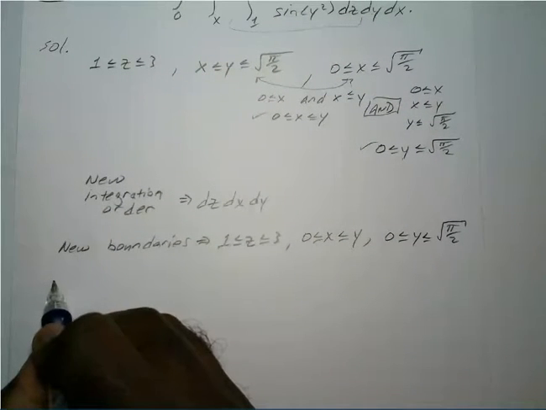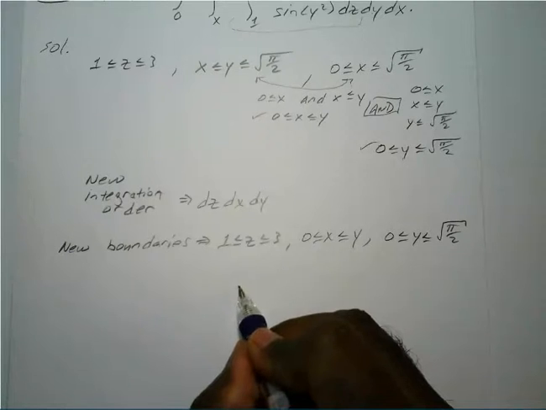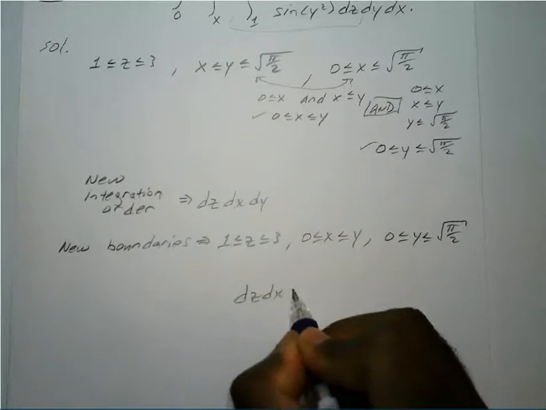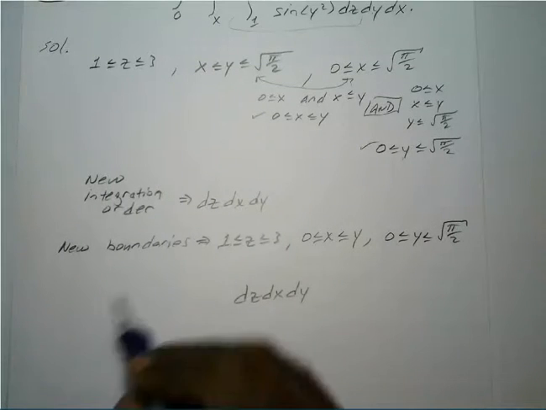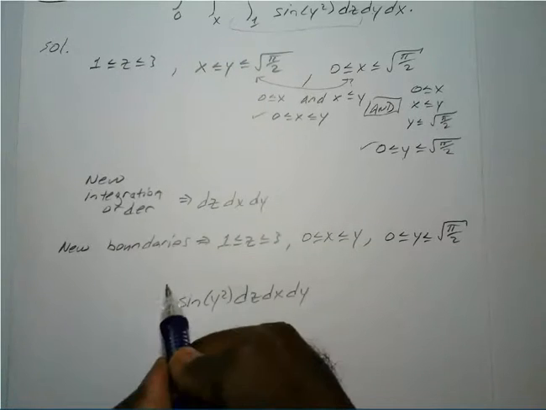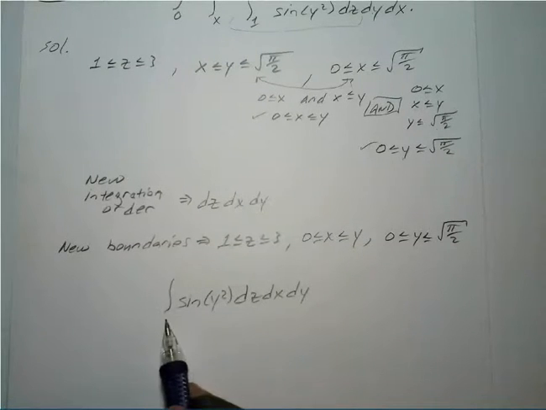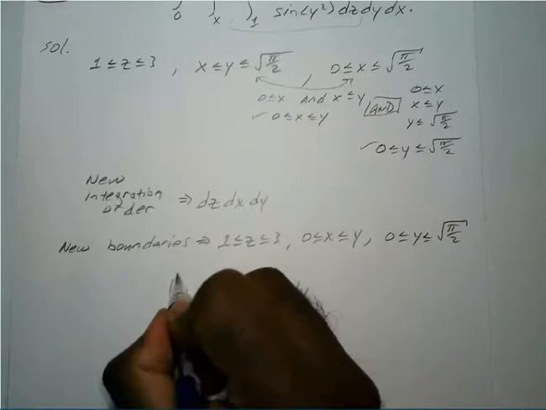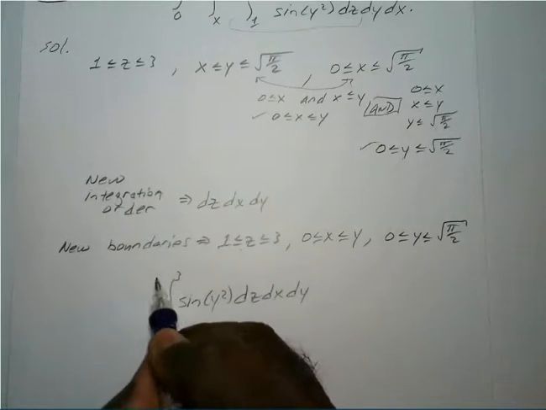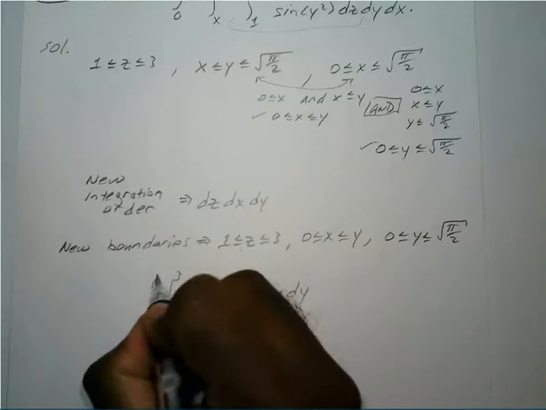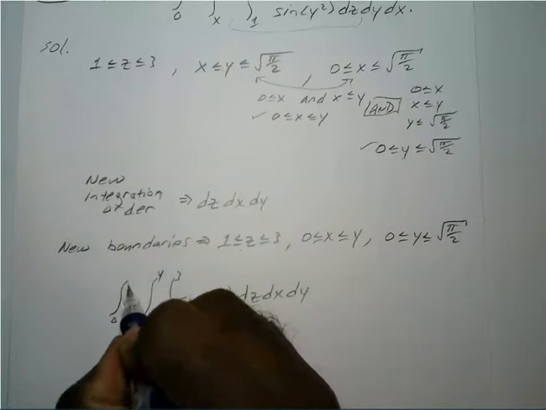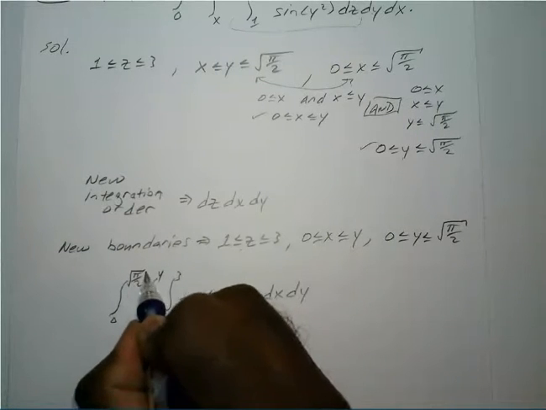Okay, so that means, since we're looking at the new integration order dz, dx, dy of sine of y squared, starting from the center, our z, we know that's from 1 to 3, just from this. We know our x is from 0 to y, and we know that our y is from 0 to square root of pi over 2.